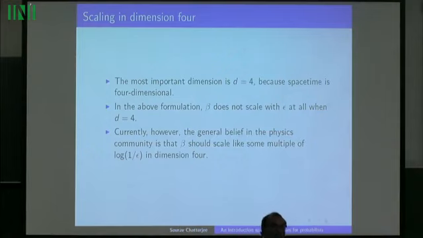Yes, Antti? This log 1 over epsilon, that was the Nobel Prize in 2002. It's called asymptotic freedom, and it follows from renormalization group analysis. I see. So that's the only thing which is on the verge of being rigorous.